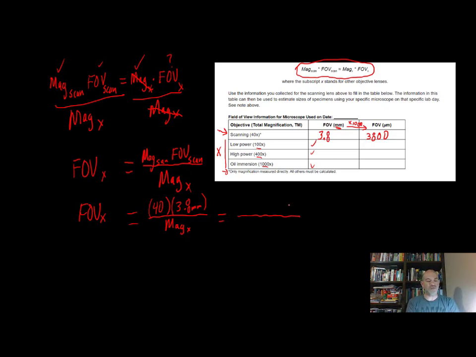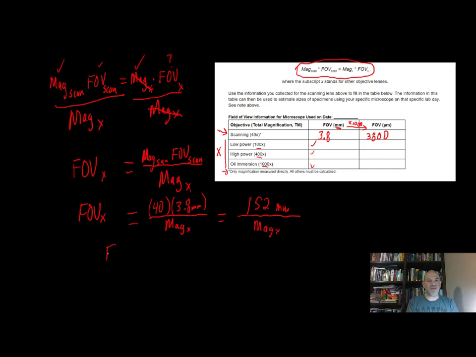So you can do this longhand on paper, with scratch paper. You can do this with your calculator, or if you're good at mental math. So this comes out to 152, and the units are going to be millimeters, because their units are right there. And then the bottom is just the magnifications that you're going to divide by.